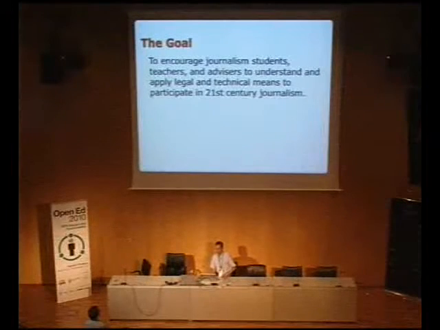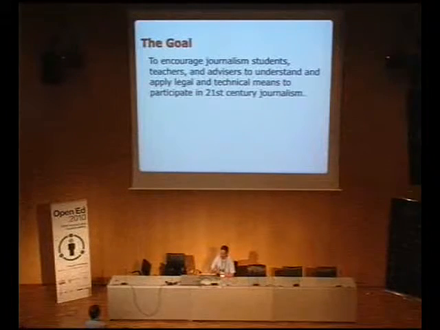So then the overall goal or objective of Student Journalism 2.0 is to encourage journalism students, teachers, and advisors to understand and apply legal and technical means to participate in 21st century journalism. There are all kinds of interesting things we could talk about relating to the changes that are taking place: newspapers closing down, being replaced by crowdsourced journalism to some extent, and then online journalism filling in the rest.